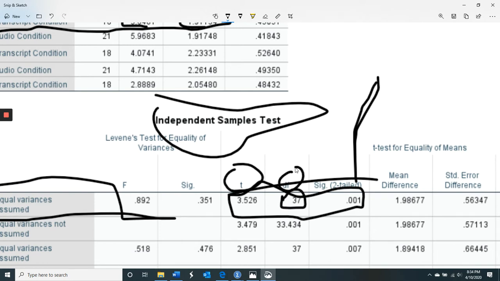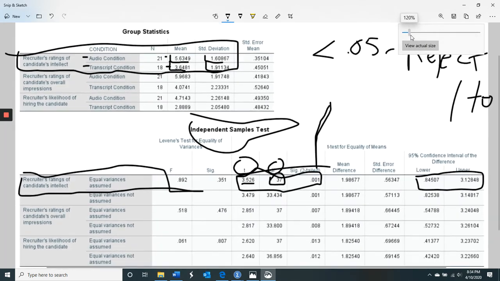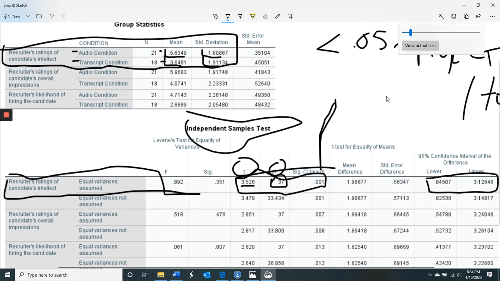Degrees of freedom is here if you could read it. 37, end of parentheses, equals 3.53, rounding up, comma, p is less than 0.05, because this significance level was less than 0.05. So that's our sentence, just like we had in our homework and on our exam.